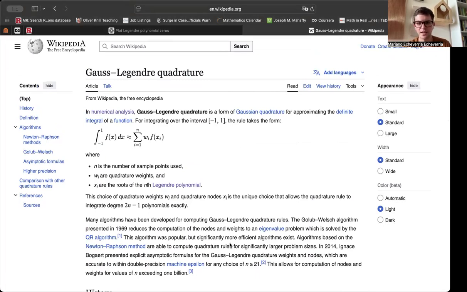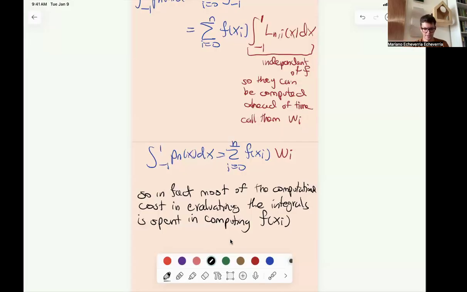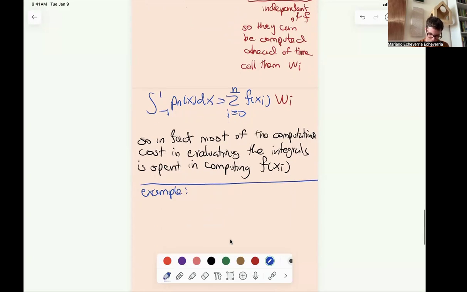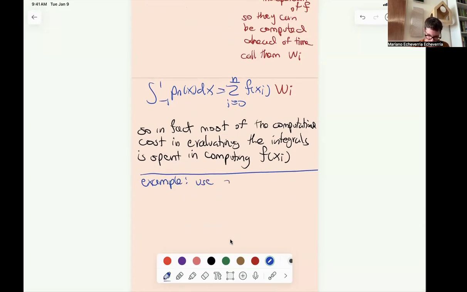So let me give you an example. And after that, I'll tell you why this Gauss Legendre is a cool method. Let's do a similar problem to the one we were doing yesterday. Let's use Gauss Legendre to approximate this integral.